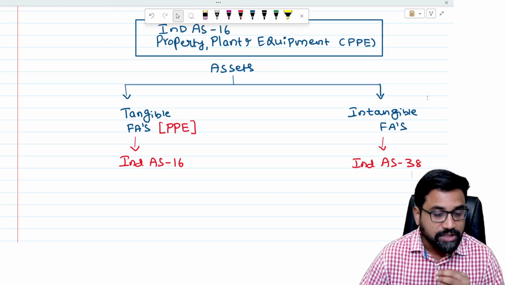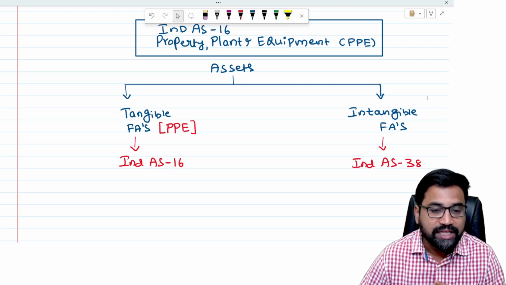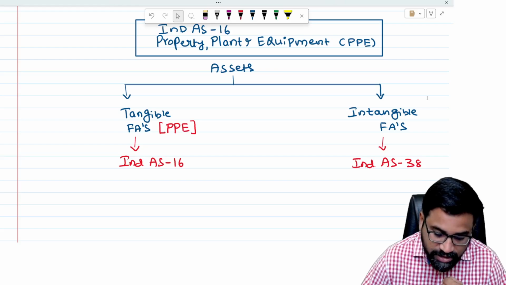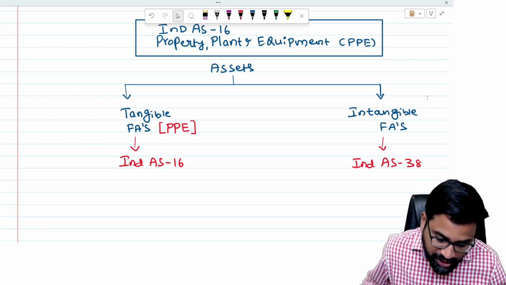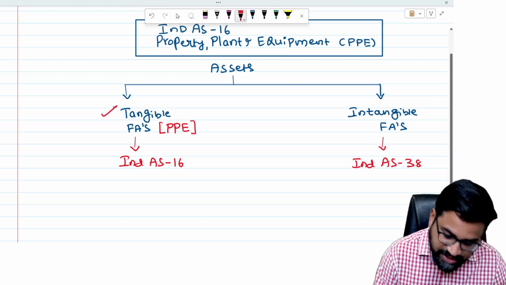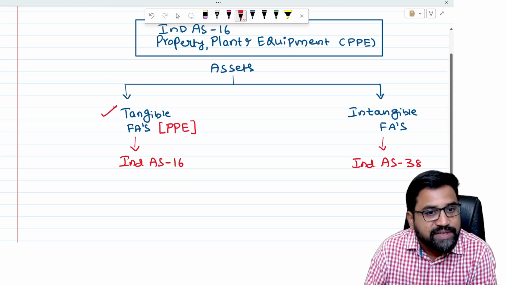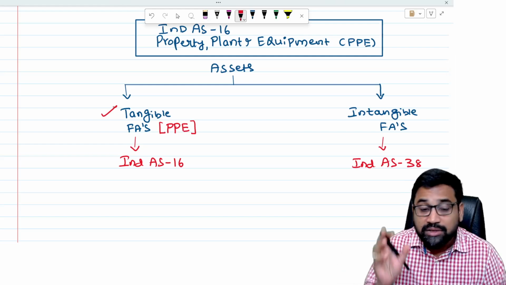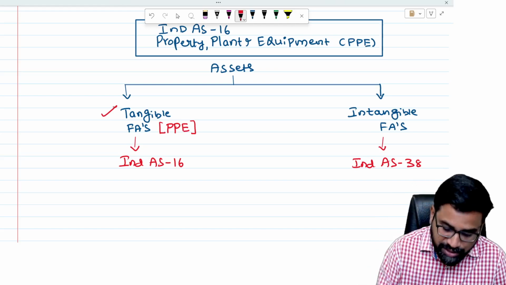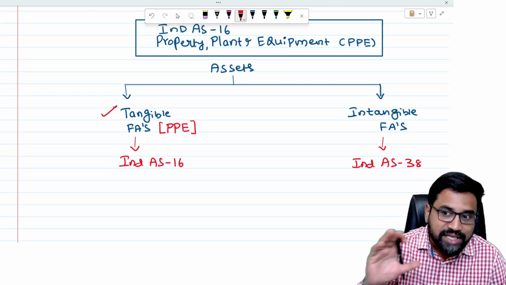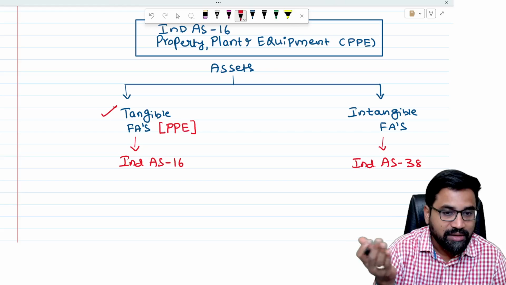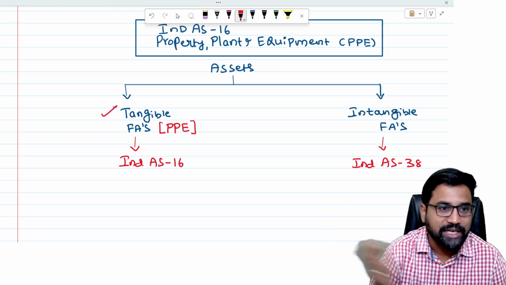They are in the form of rights, formulas, software, programs. Now in your syllabus you have tangible fixed assets. These we will call property, plant, equipment generally. But what is property, plant, equipment as per Ind AS 16 we will discuss. In general, tangible fixed assets will become property, plant, equipment.